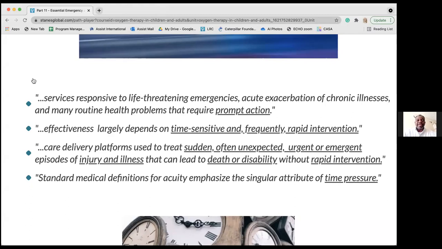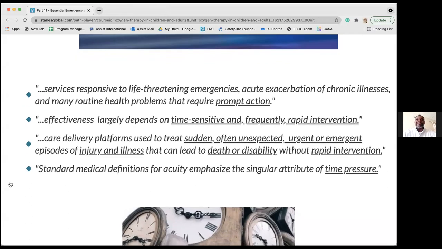So acute care is time sensitive. When it's given at the right time to the right person who has been identified to have a life-threatening condition, it helps change from a life-threatening condition to a stable life. So that's how WHO defines acute care.